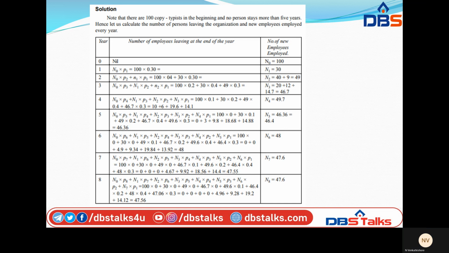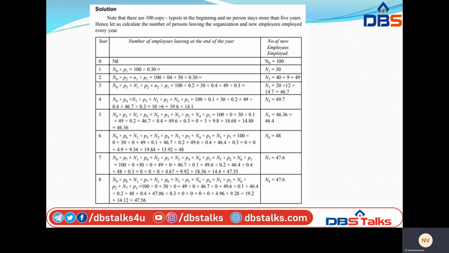Now, coming to the solution. So here, the probabilities are already given, that is, the probability percentage is already given. Now we need to find the number. So note that there are 100 employees or 100 copy typists in the beginning and no person stays more than 5 years. These are already mentioned.